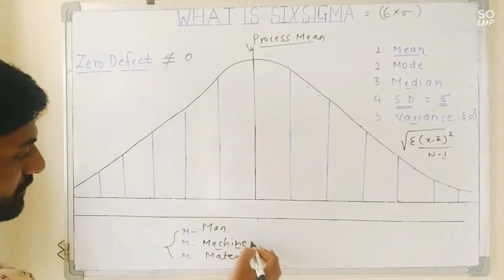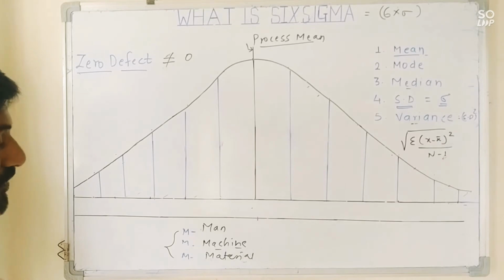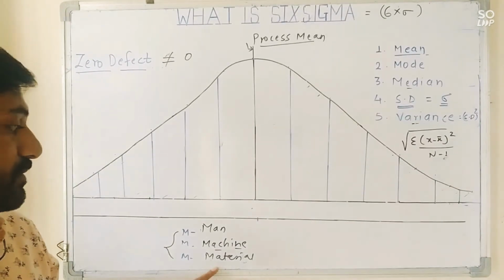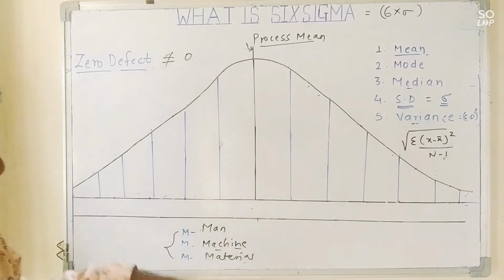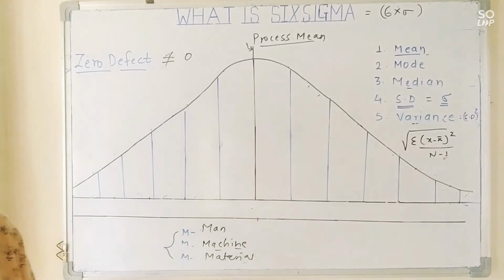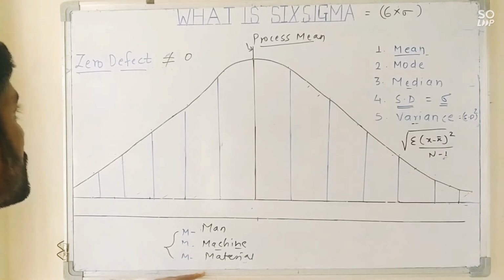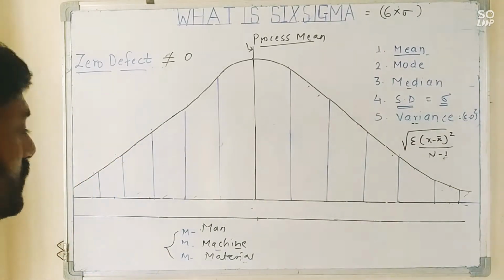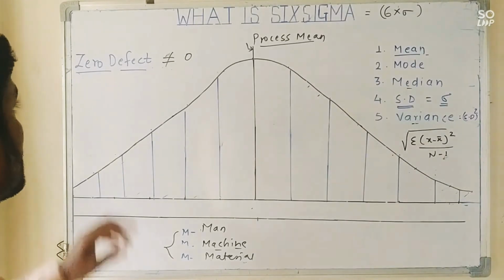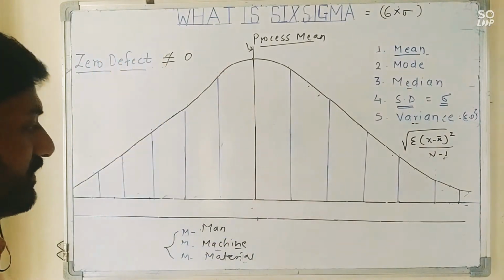And if man and machine are doing their job perfectly, then the third parameter is material. We cannot give surety about material composition. If material composition is not proper, then no matter how sincerely man and machine do their work, there are always chances of defects. So these are some basic concepts. Because of that, we cannot achieve zero defect, but we can achieve close to zero defects.